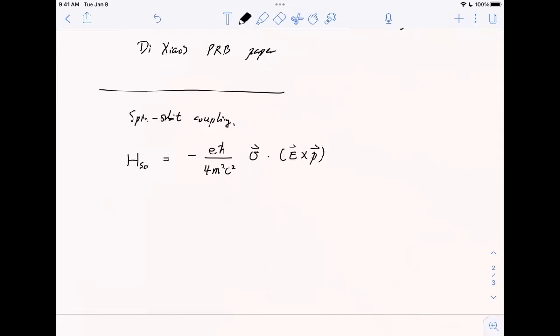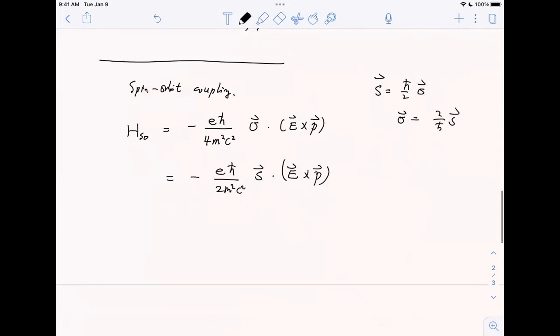For that case, let's change this sigma into spin, because sigma is 2 over h bar times S. So when you plug it in, you have a 2m S, and then the electric field is basically negative 1 over r. Sorry, there's no h bar here.